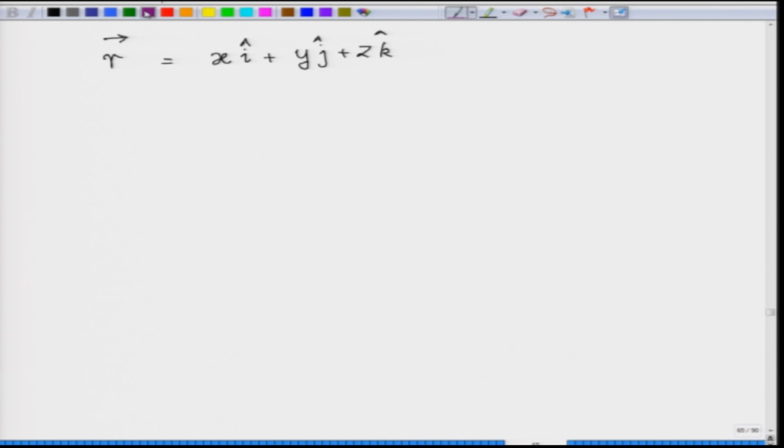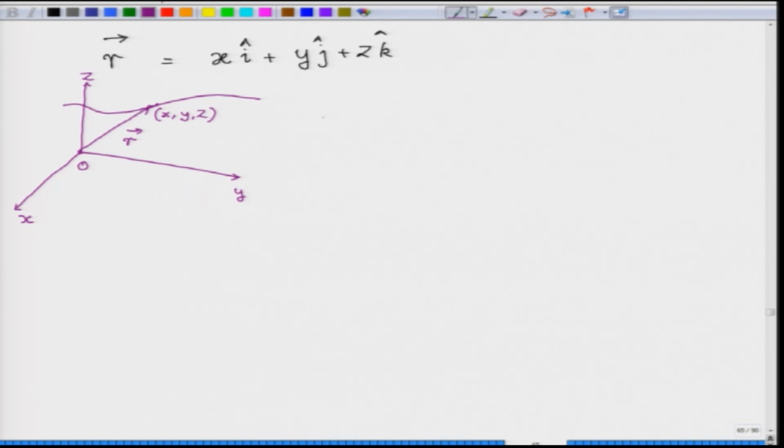If you have forgotten, let me remind you: here is a particle moving through space and here is the radius vector, and this point has coordinates x, y and z. This is the origin, the x axis, y axis and the z axis. I will always call it z.